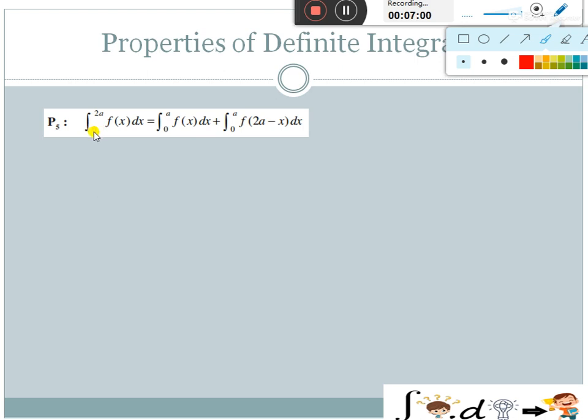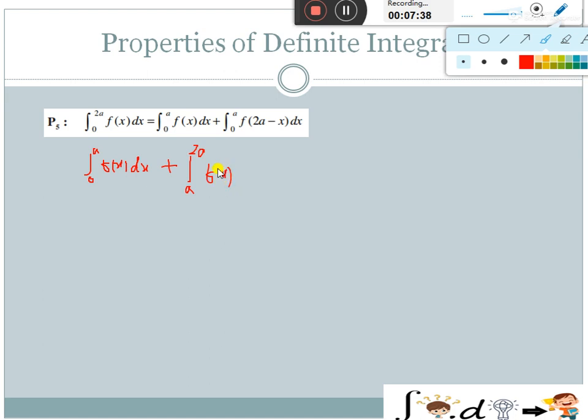And first of all, we have to use the breaking point integral. In between 0 to 2a, we have 0 to a, and therefore we have to write the left hand side is equal to 0 to a fx dx plus a to 2a fx dx.